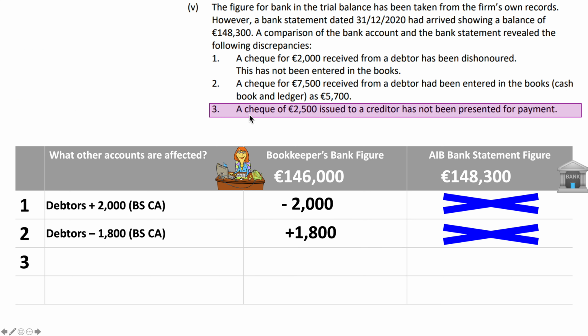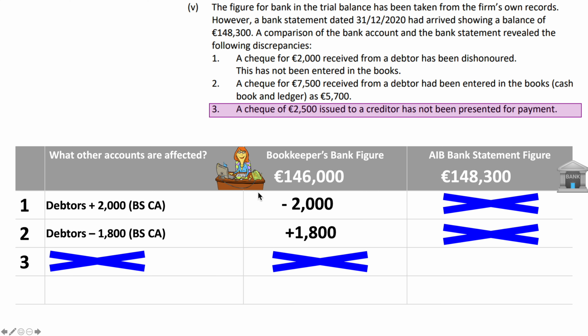Then the last one, it says a cheque of 2,500 issued to a creditor has not been presented for payment. So the bookkeeper gave a cheque to a creditor, and the creditor just hasn't gone into the bank and lodged it yet. So who doesn't know about that? Well, it's the bank that doesn't know about that. The bookkeeper has nothing to do.